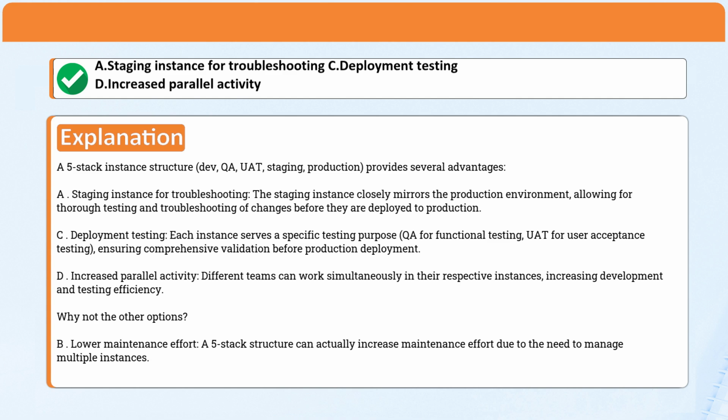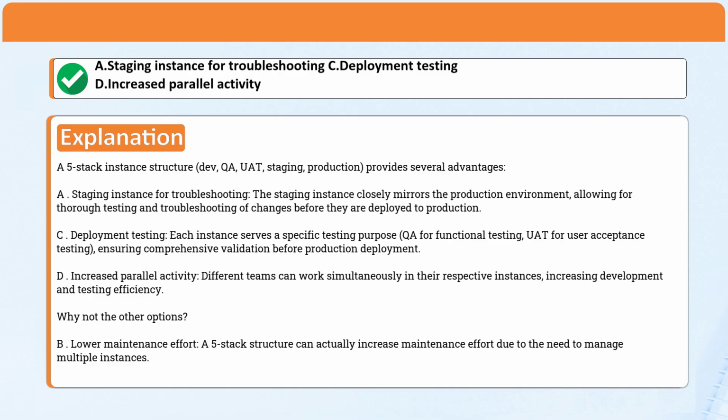Explanation. A 5-stack instance structure, Dev, QA, UAT, staging, production, provides several advantages. A. Staging instance for troubleshooting. The staging instance closely mirrors the production environment, allowing for thorough testing and troubleshooting of changes before they are deployed to production. C. Deployment testing.